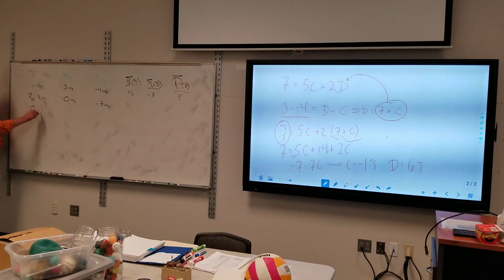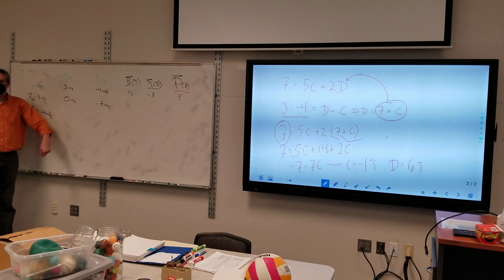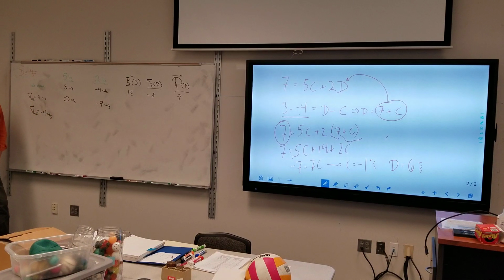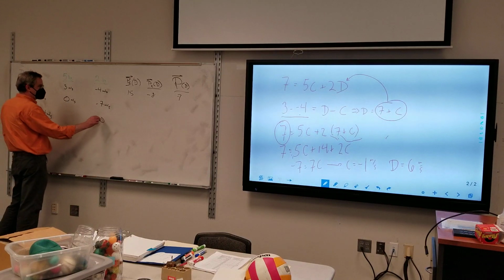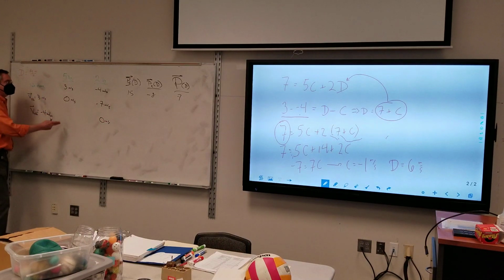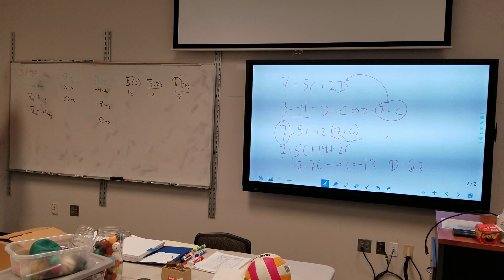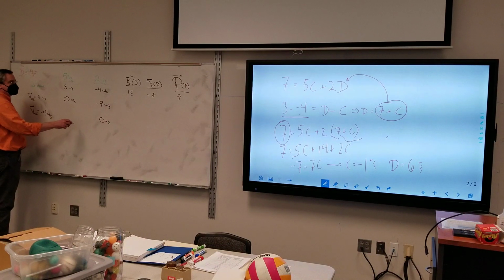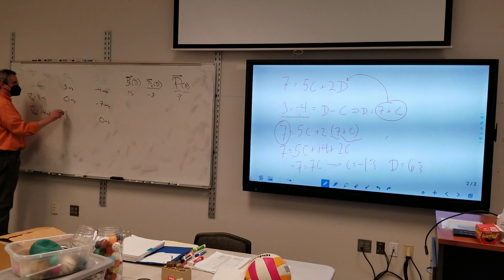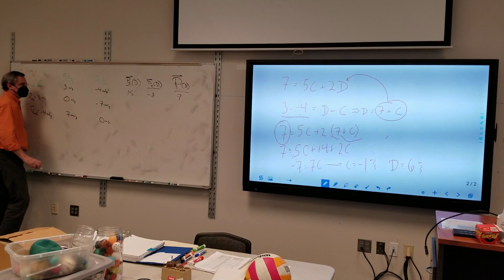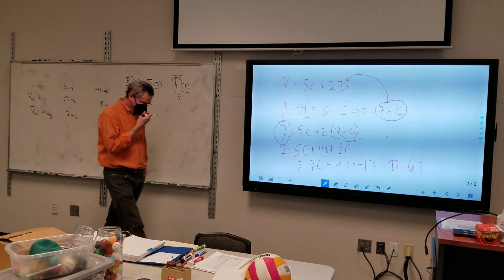Suppose the observer is now going negative 4 meters per second. How fast does the 2 kilogram mass go? 0. And how fast does the 5 kilogram mass go? 7. We added 4 there, we're adding 4 here, 7. Oh, yeah. All right.